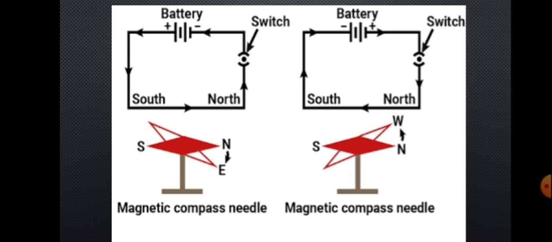If current flows from the negative end to the positive end, the compass needle will show north to west.